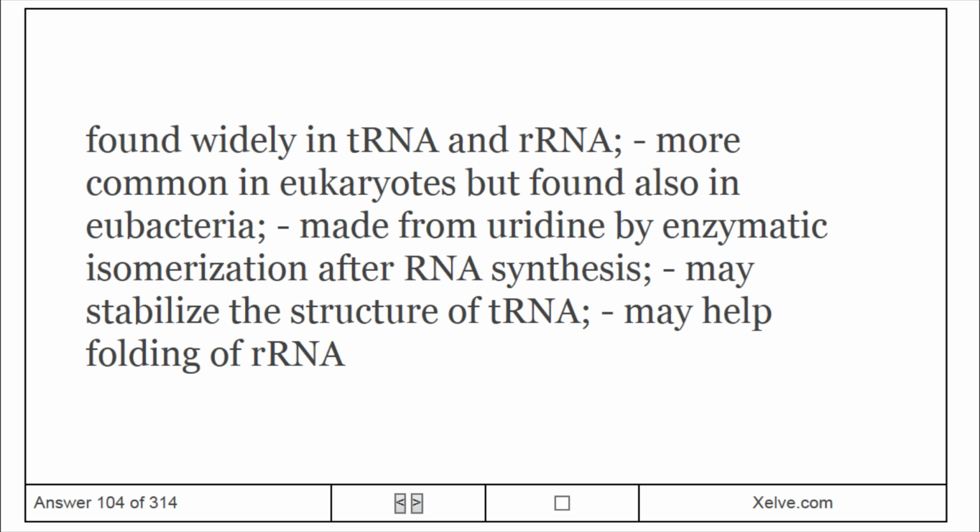Found widely in tRNA and rRNA, more common in eukaryotes but also found in eubacteria, made from uridine by enzymatic isomerization after RNA synthesis. It may stabilize the structure of tRNA and may help folding of RNA.